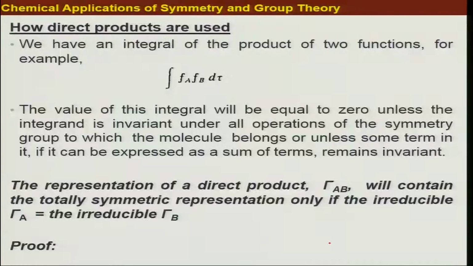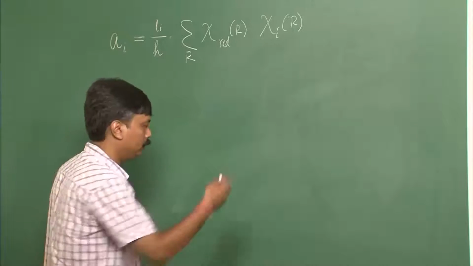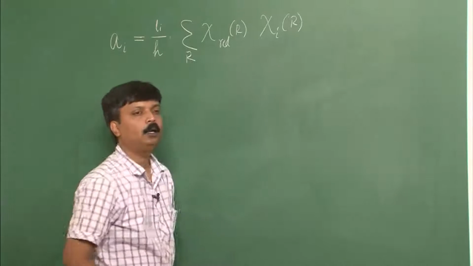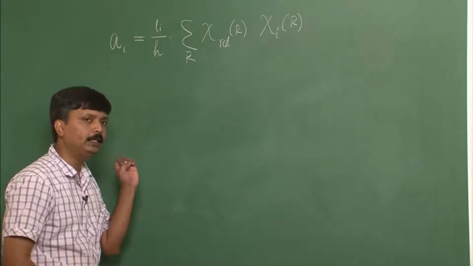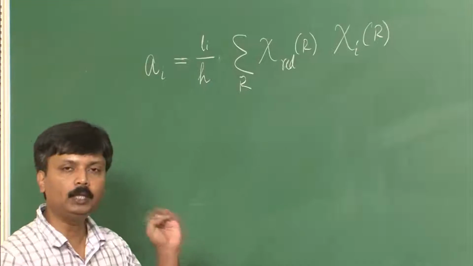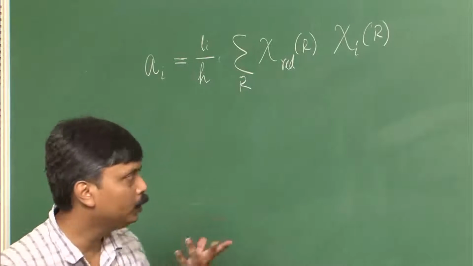So this i represents one of this gamma A, or one of the IRs of the point group, and here particularly we are interested in a particular IR which is the totally symmetric IR, and the totally symmetric IR is always represented by A1.